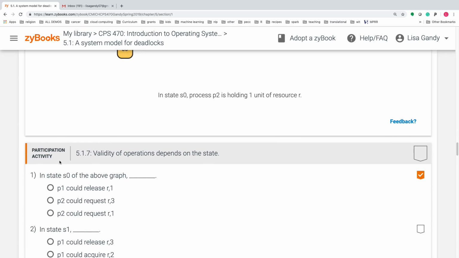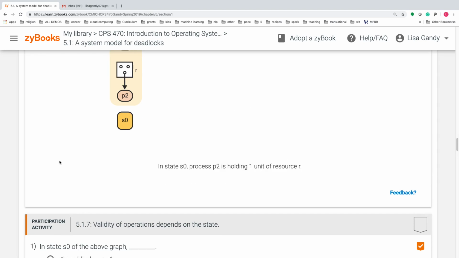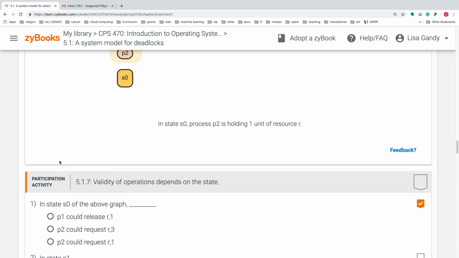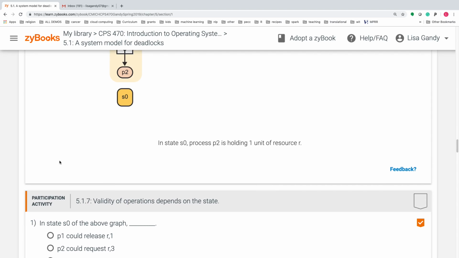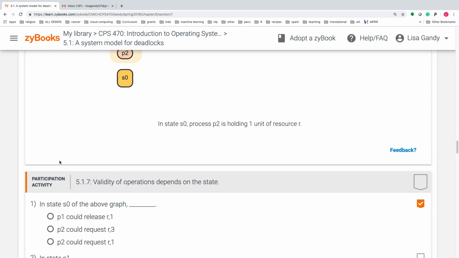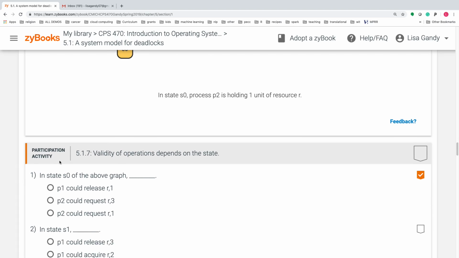Okay. In state S0 of the above graph, what could P1 do? Can it release R? Can it release a resource? Or no, it doesn't have a resource to release. So P2 could request 3 units, or it would request 1. This is weird because it could literally request 3 if it wanted to.